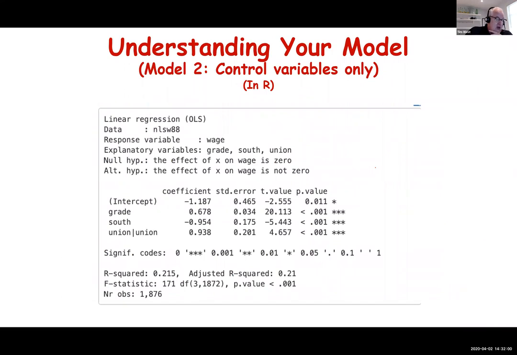And so with R, go right ahead. Oh, R wizard. So looking at the control variables only in R, with wage, grade, south, and union, you can see the coefficient, the standard error, the p-value.